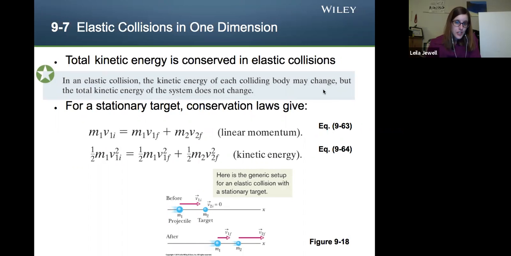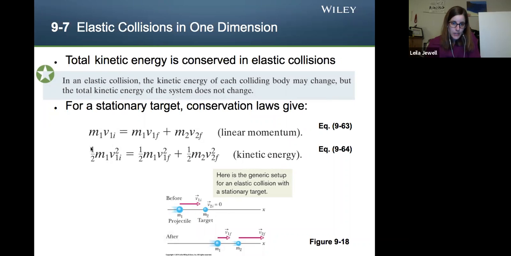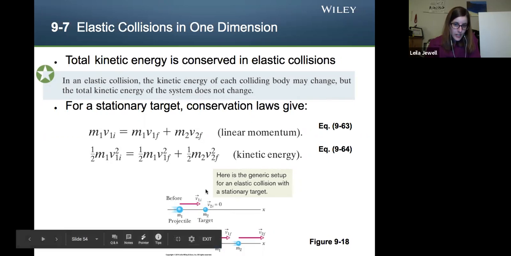So for a stationary target, again, this is assuming that your target's at rest. This is a little bit more specific than I would tend to be. But we have our total initial momentum is equal to our total final momentum, where in the initial momentum, they've set v2i equal to 0, so that term disappears.